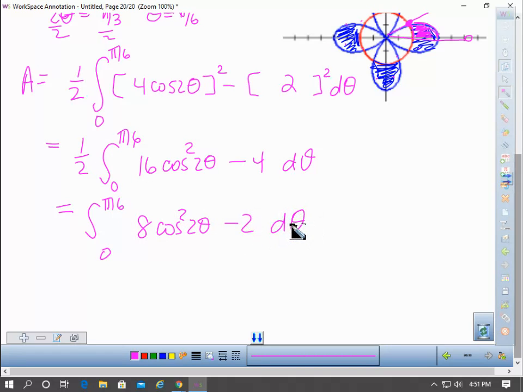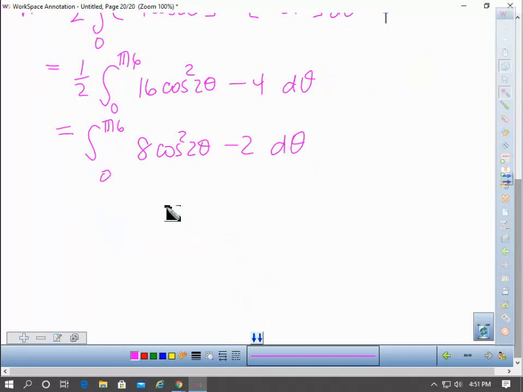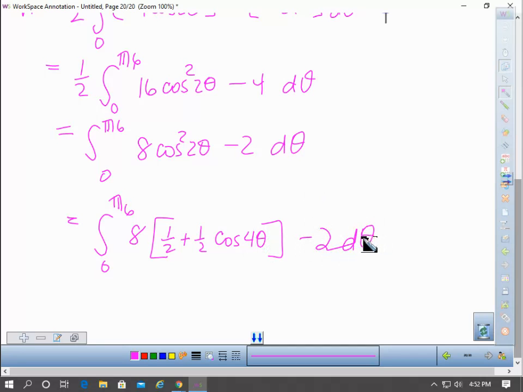All right, then I also need to get rid of the cosine squared, because it's squared. So I need to replace that with the 1/2 plus the 1/2 cosine. But remember, since this is 2 theta, it's going to be 4 theta in my replacement, minus 2 d theta.